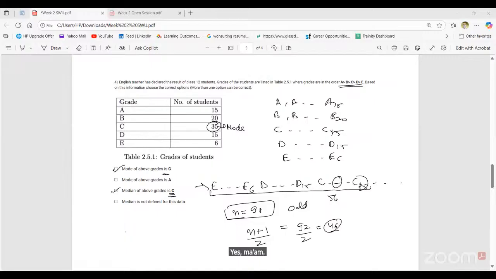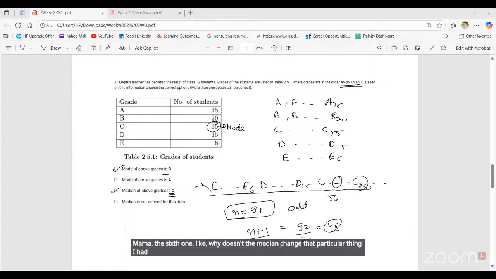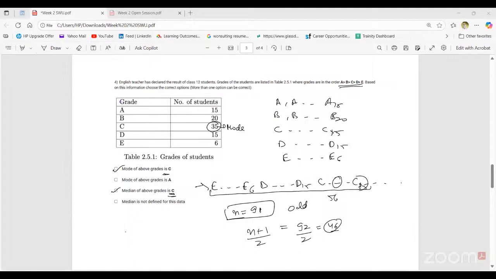Ma'am, I actually had a doubt in that one. 4, 5, 6, right? Yes, ma'am, the sixth one: why doesn't the median change? I have a doubt about that particular thing.